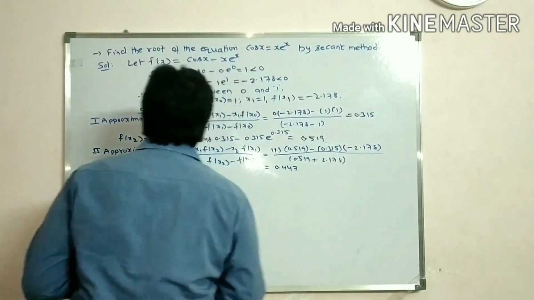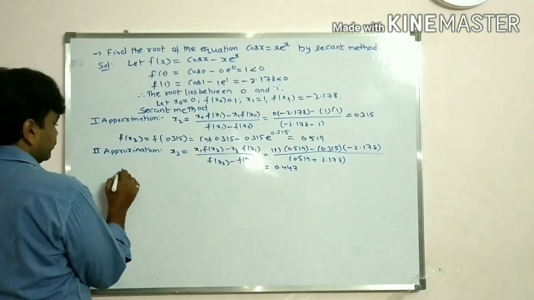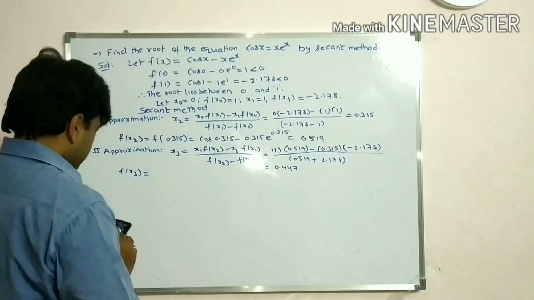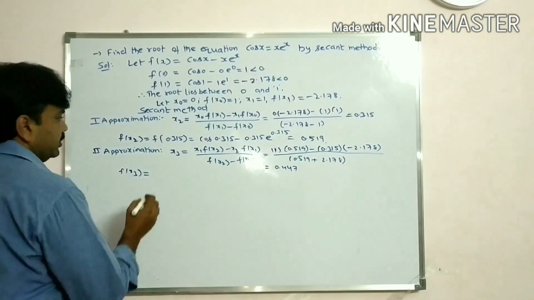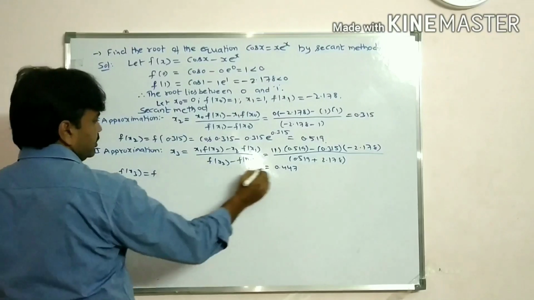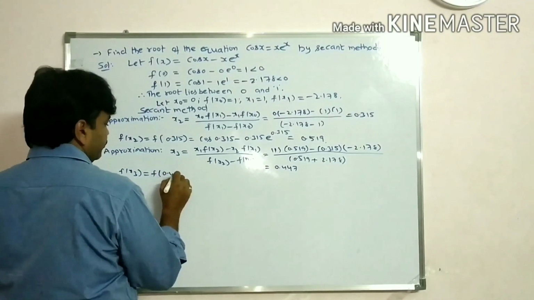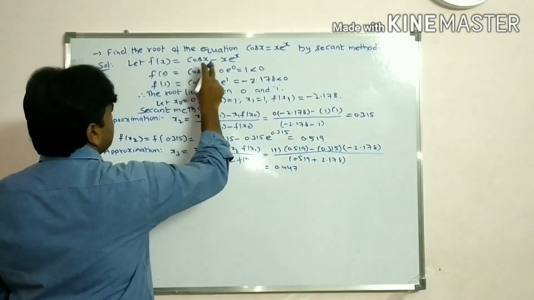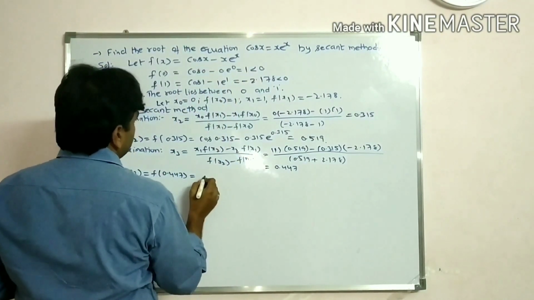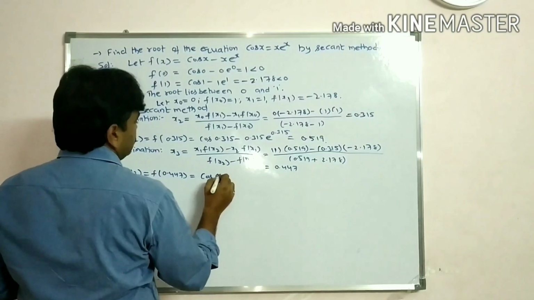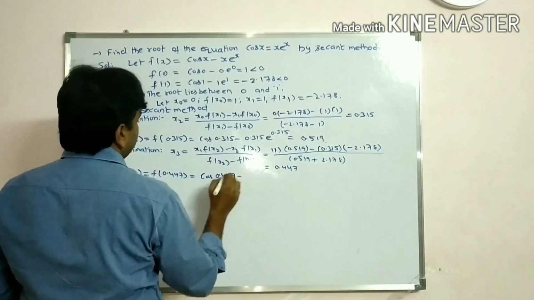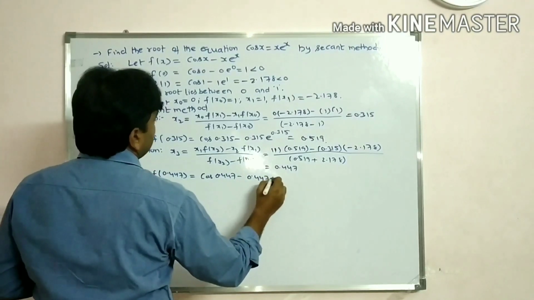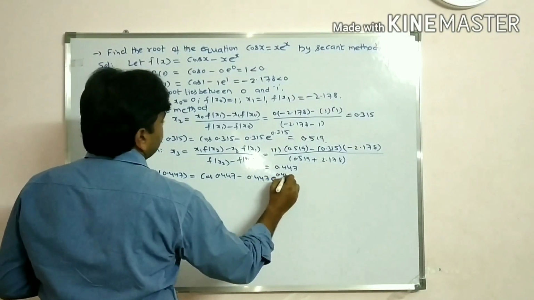Now you find the f of x3 value, students. f of x3 means f of 0.447, that is equal to cos x minus x e^x. So cos 0.447 minus 0.447 into e power 0.447.